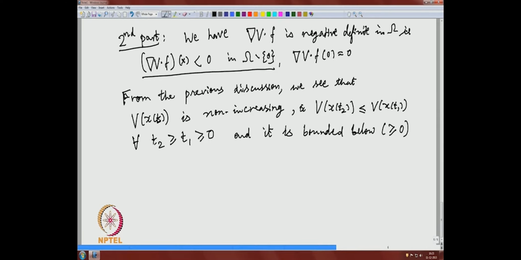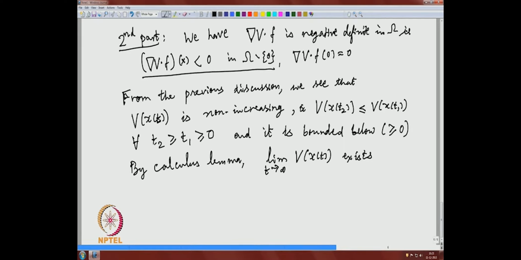So, here we have a non-increasing function which is bounded below, and by the calculus lemma this limit of v of x(t) as t tends to infinity exists.